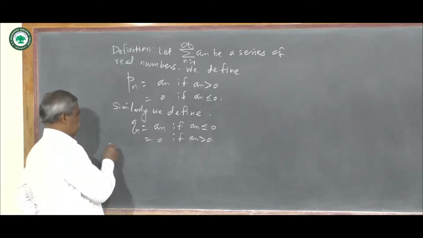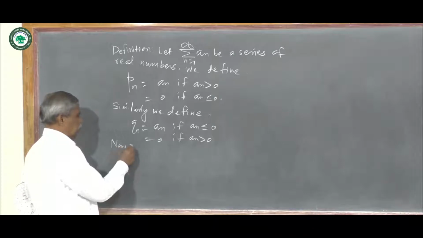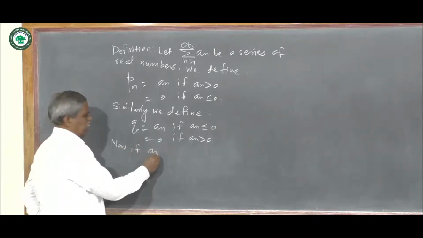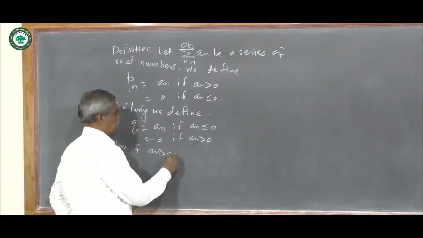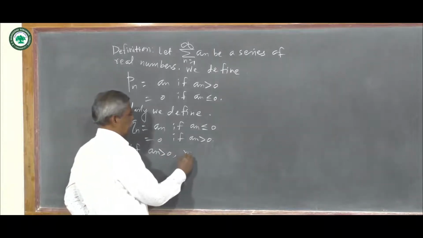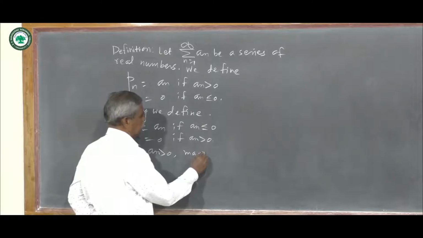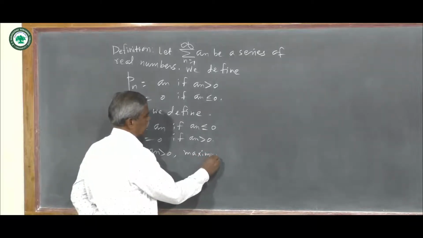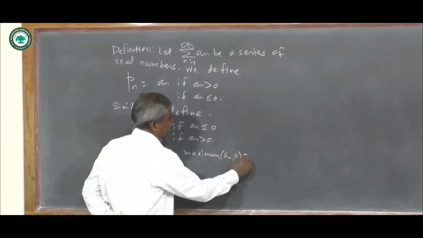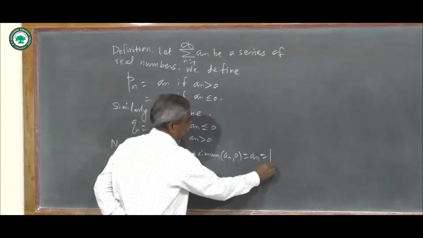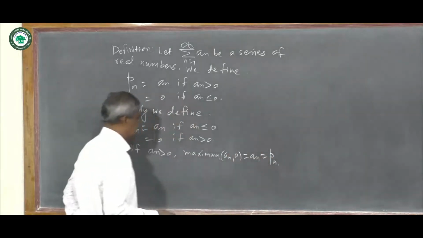If a_n is greater than 0, then the maximum of a_n and 0 is equal to a_n, which is equal to p_n.